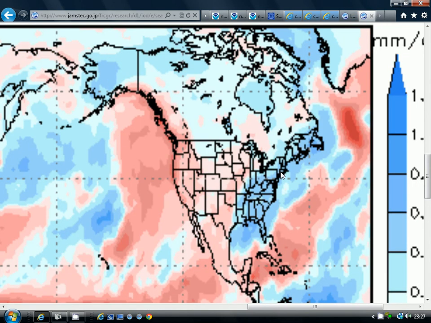And in terms of the precipitation anomaly, well, again, we've got above average precipitation in the east. That's signalling a trough, so quite similar actually.